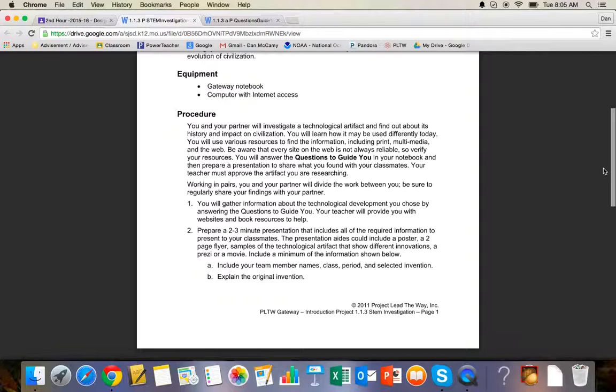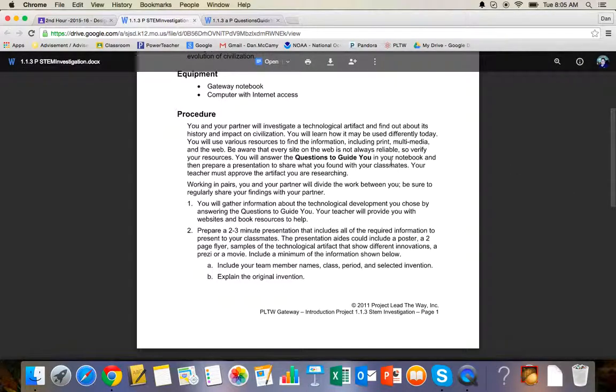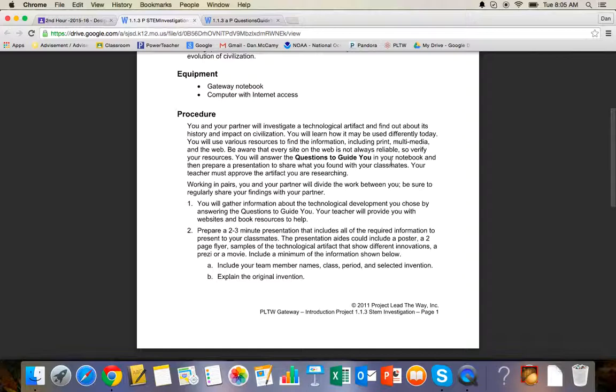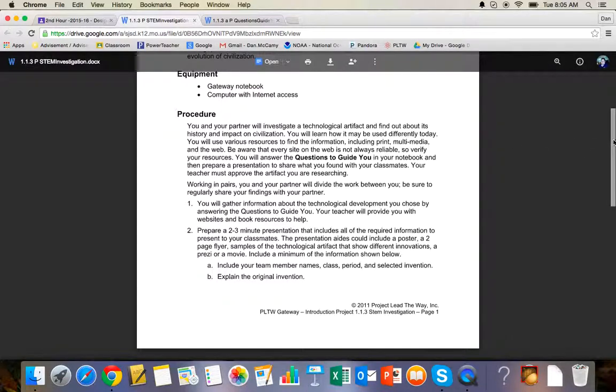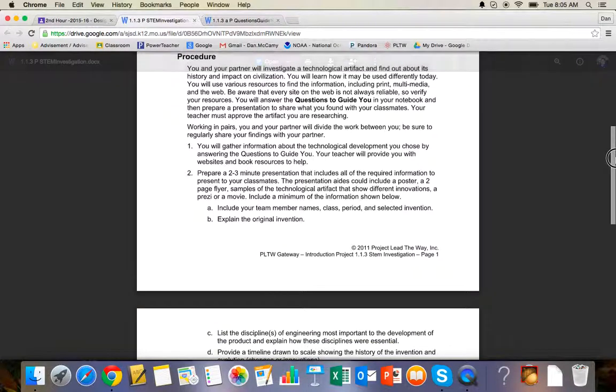Honestly, this is where I just want you to use the internet. You have PCs in the room and you have a great resource available to you. Just make sure when you use the internet, you're using valid resources as far as what websites you're using. Make sure it can be validated in some way.